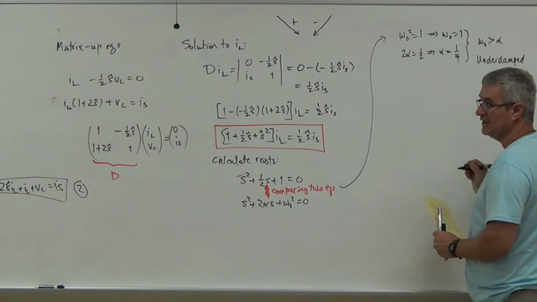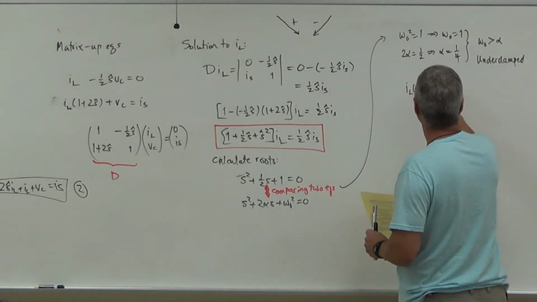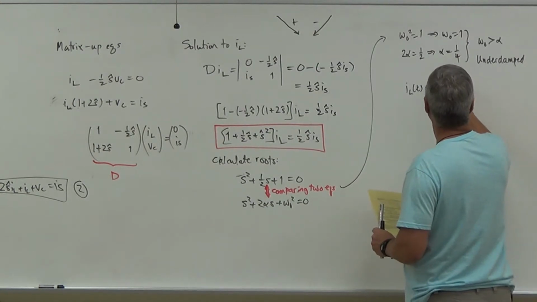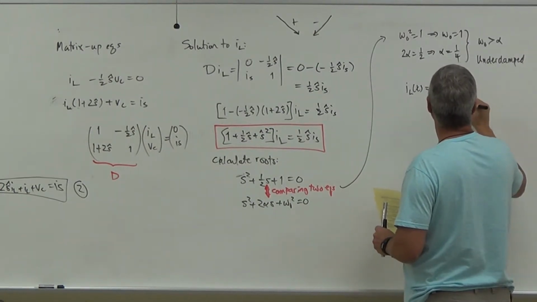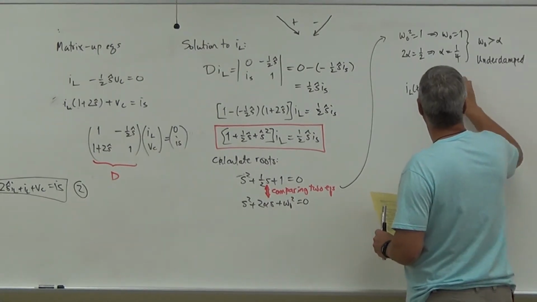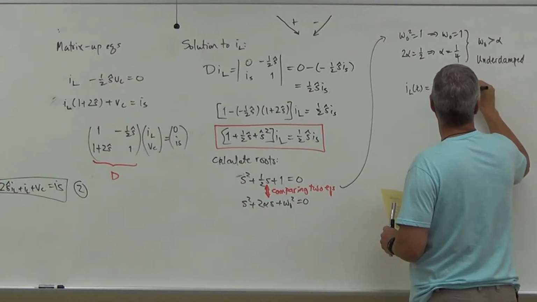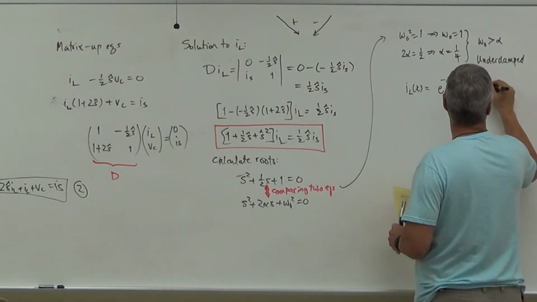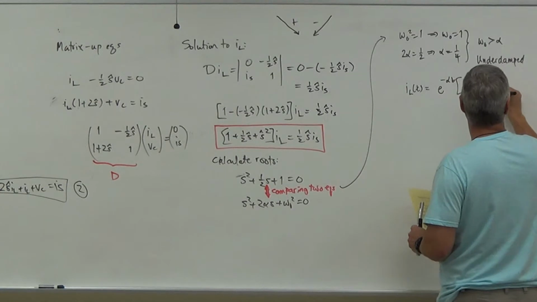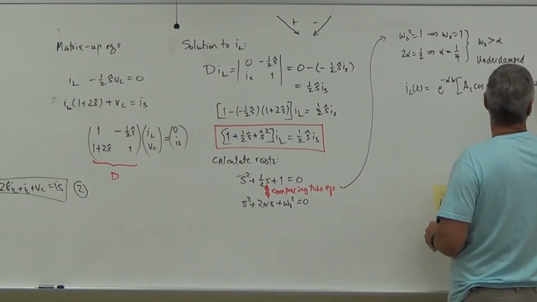And without even thinking about it, my solution for the current of the inductor now has to be what? It's e to the minus alpha t times A1 cosine omega d t plus A2 sine omega d t.